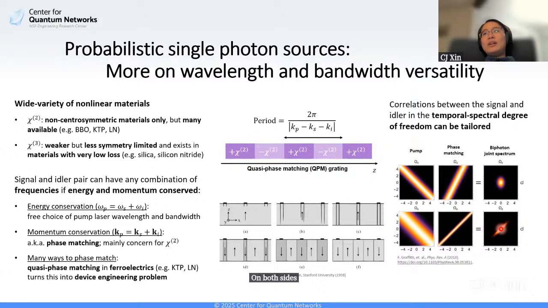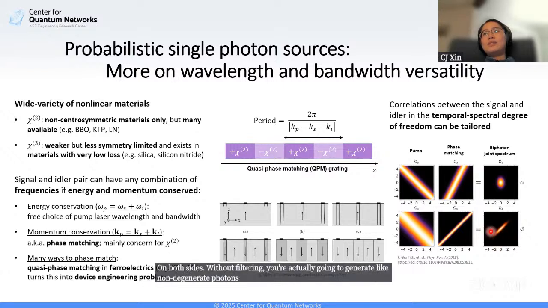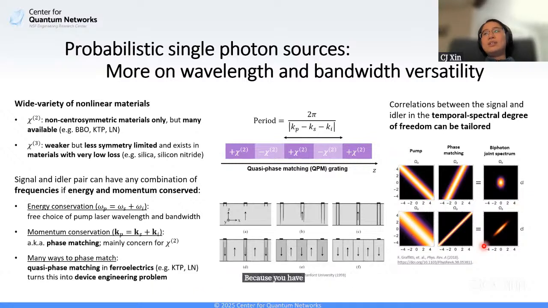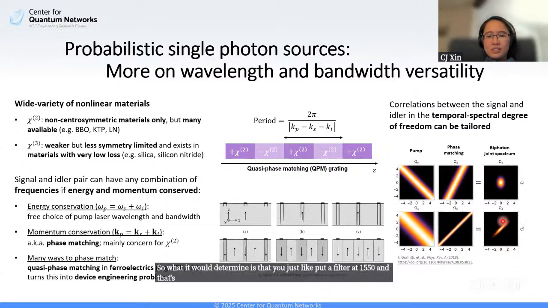But without filtering, you're actually going to generate non-degenerate photons other than at the point of degeneracy, because you have this line along the some frequency direction. So you just put a filter at 1550, and that's how you can get degenerate photons.